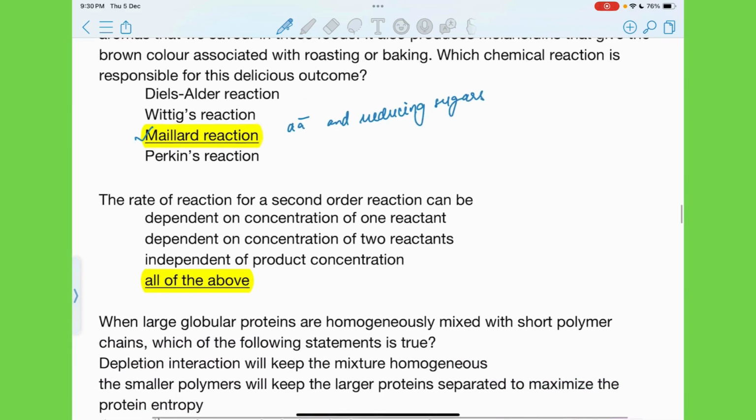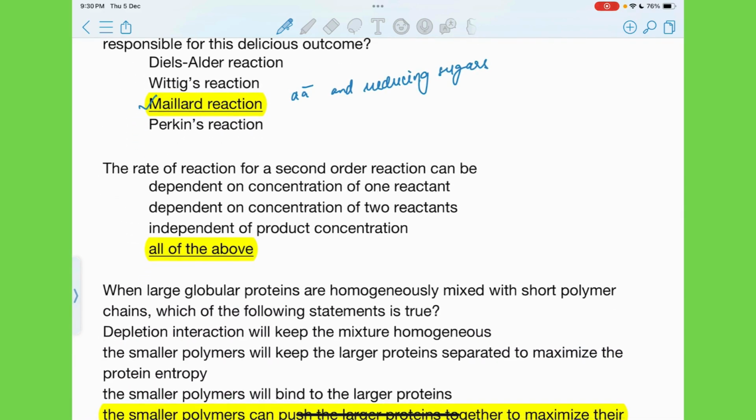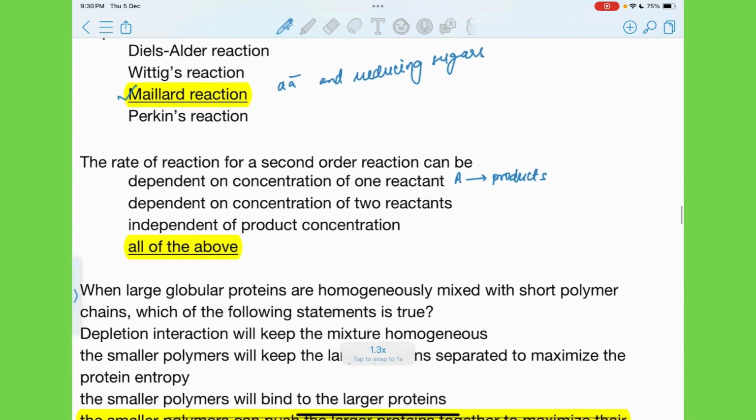Let's get to the next question. The rate of reaction for a second order reaction can be dependent on the concentration of one reactant. So if say there is one reactant only and that gives the product, so here the rate of the reaction will become rate constant into A, concentration of A square.